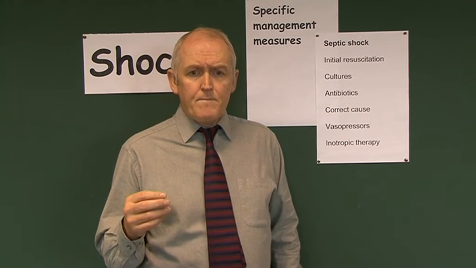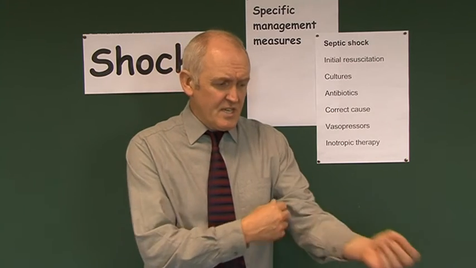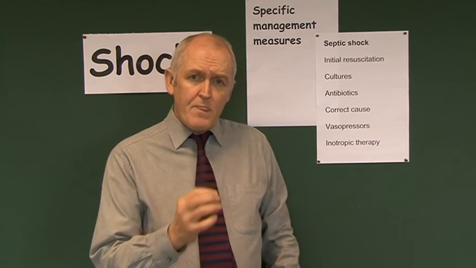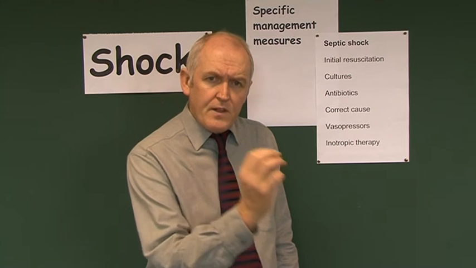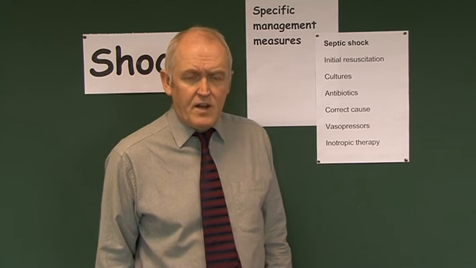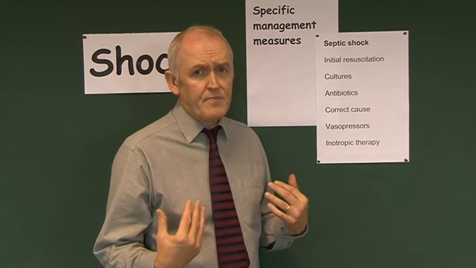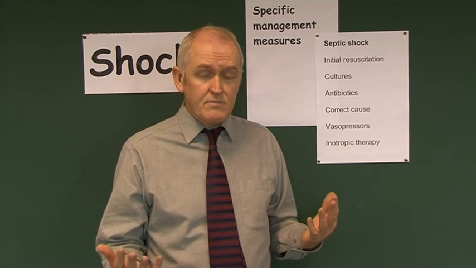We want to remove any potentially infected devices as well. Even just a cannula in a patient's arm can develop a film of staphylococcal organisms infecting the device, or if there's any long lines in the patient, these can become infected and cause a septic shock.